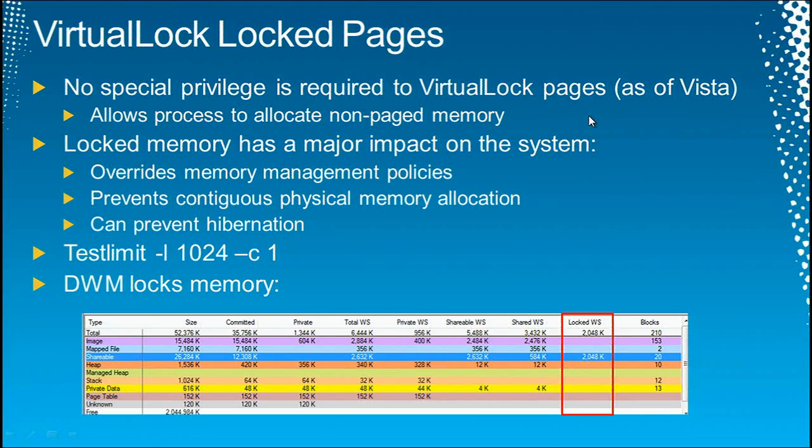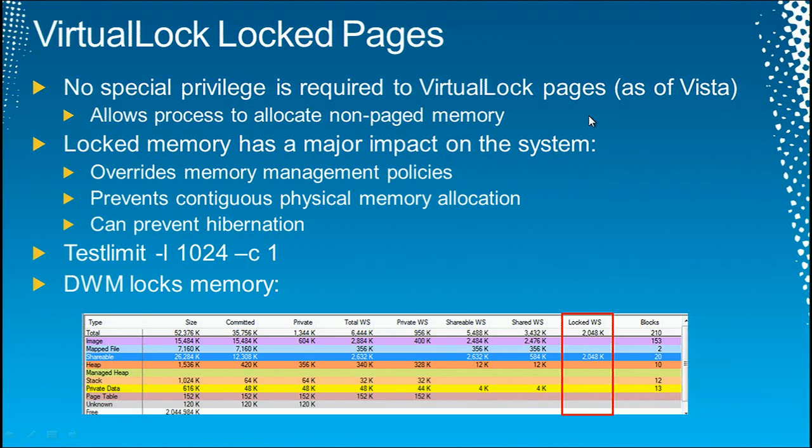This is, in my opinion, a hole that was created for the sake of performance in Windows Vista because, well, actually, there's many holes in Windows Vista, but actually, there's many ways to denial of service attack Windows. This is just one of them. On a Windows Vista system, even somebody without any advanced privilege can lock memory because everybody needs to be able to run Aero Glass.